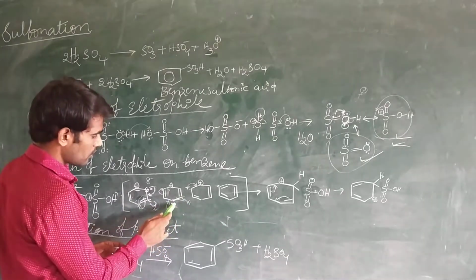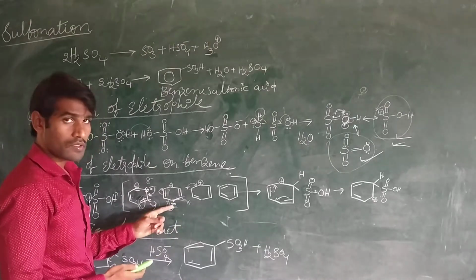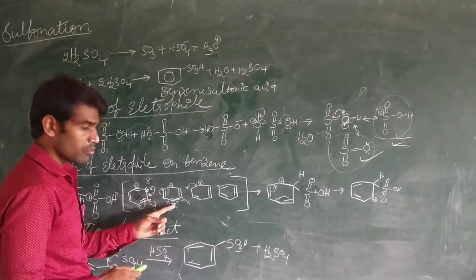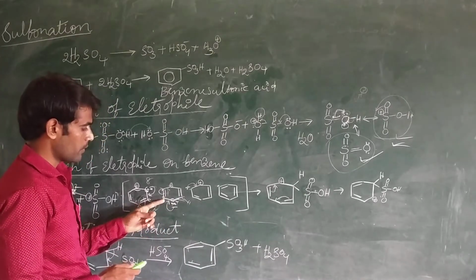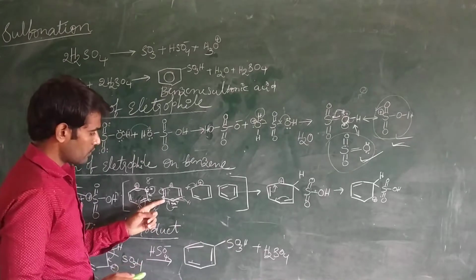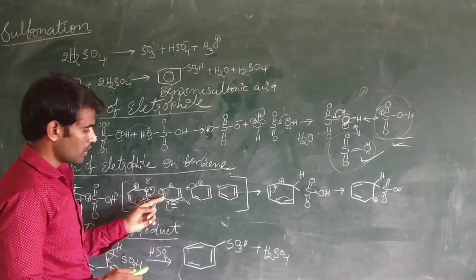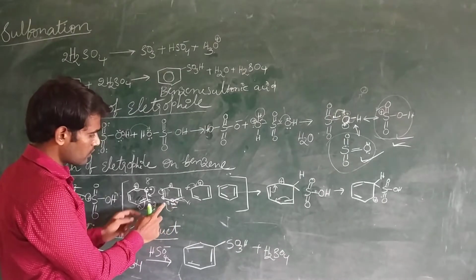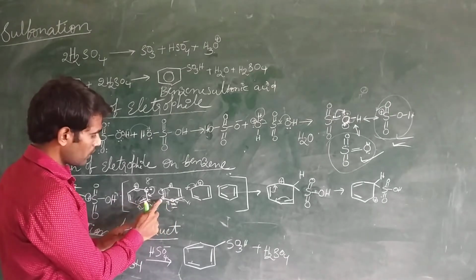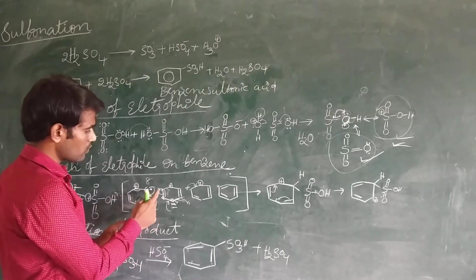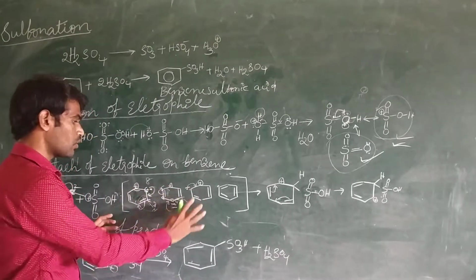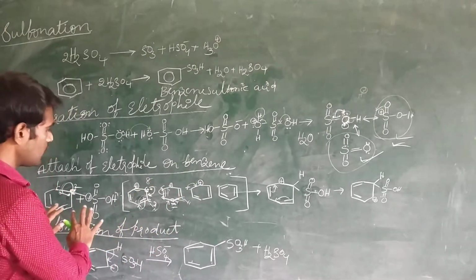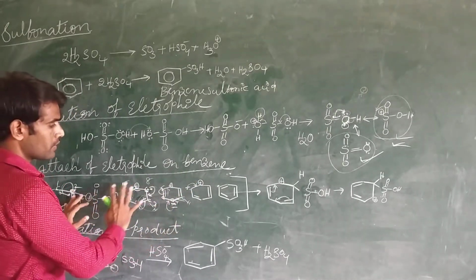The electron density is now on the fourth carbon and moves between the fourth and fifth carbon. The fifth carbon already has a sufficient amount of electrons, but the fourth carbon is pushing its electron density between the fourth and fifth carbon. So the fifth carbon pushes its electrons to the sixth carbon. This is the delocalization of pi electrons, this is the resonance, and each and every carbon atom is getting an octet.